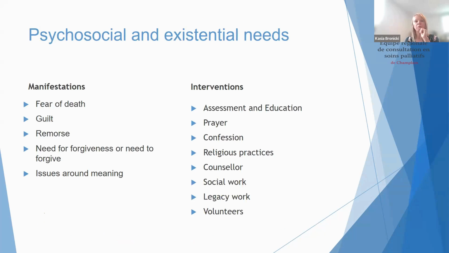The changes that we'll be talking about will range from months to hours to days of that end of life trajectory. The psychosocial and existential needs of an individual can fit into that picture of months, but also surface more when somebody's closer to the end of life.